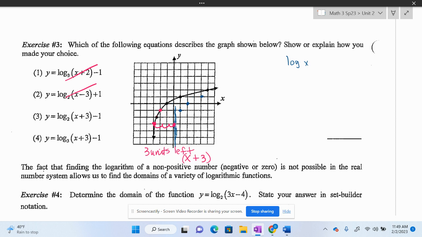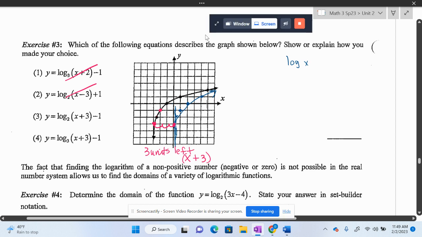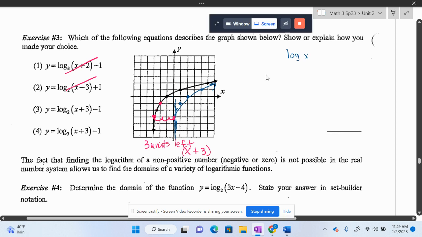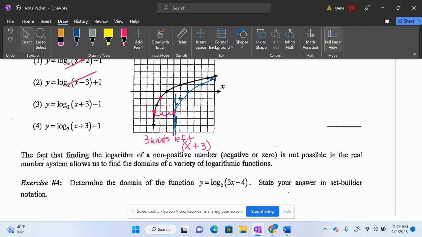The only reason I'm doing that is so I can think about, is this going to be log base 2 or log base 3? So I'm going to pick an ordered pair and see which one it is. Does that make sense? I'm going to pick an ordered pair from the line that's graphed.